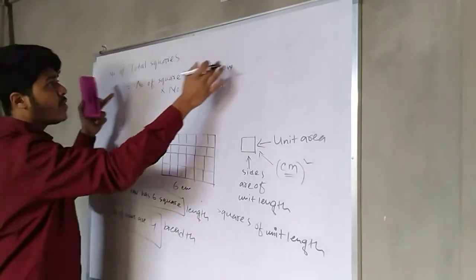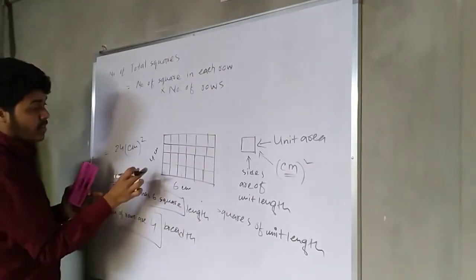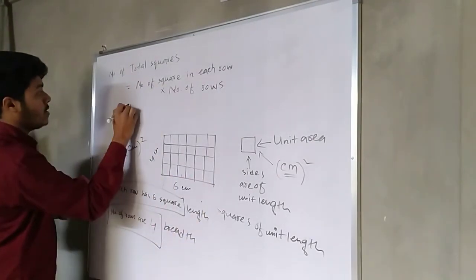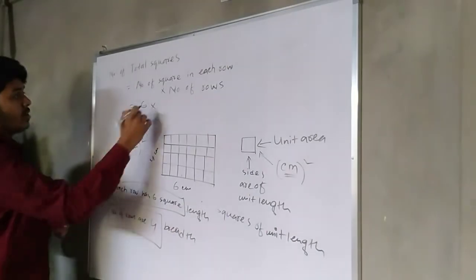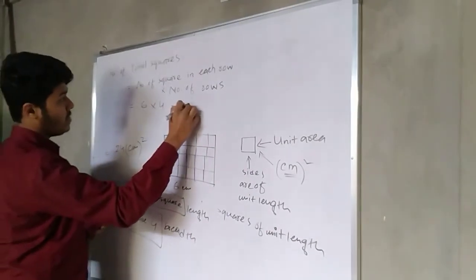So what is the number of squares in each row? This is actually my length: 1, 2, 3, 4, 5, 6. So 6, and the number of rows is 4, and that's how I get 24.